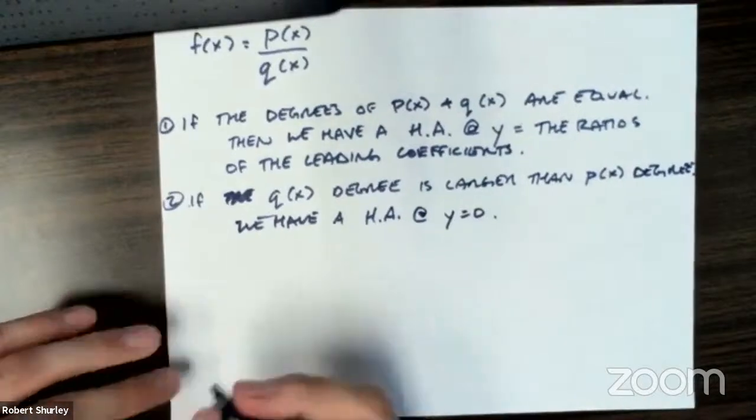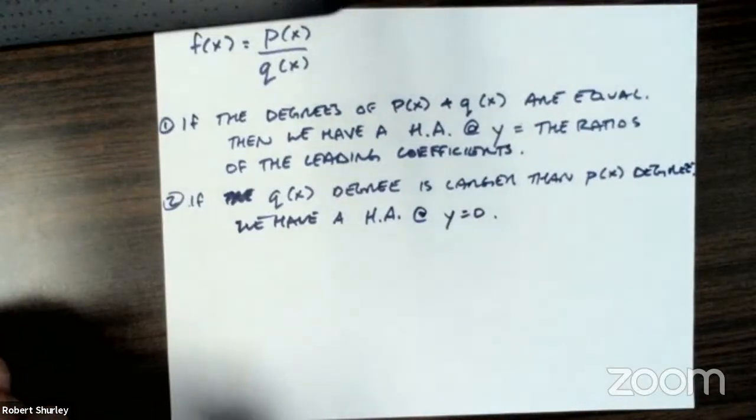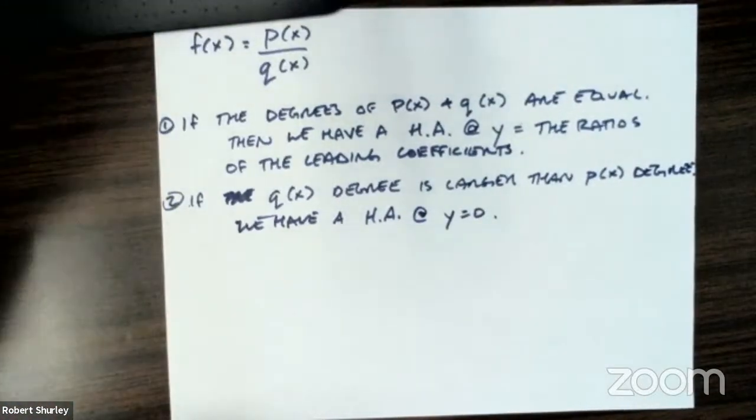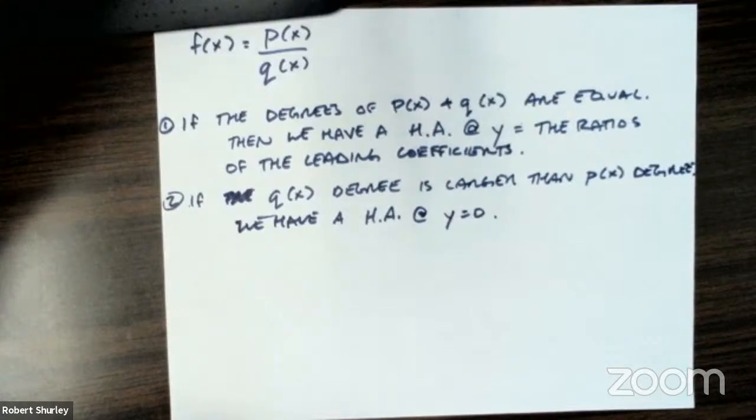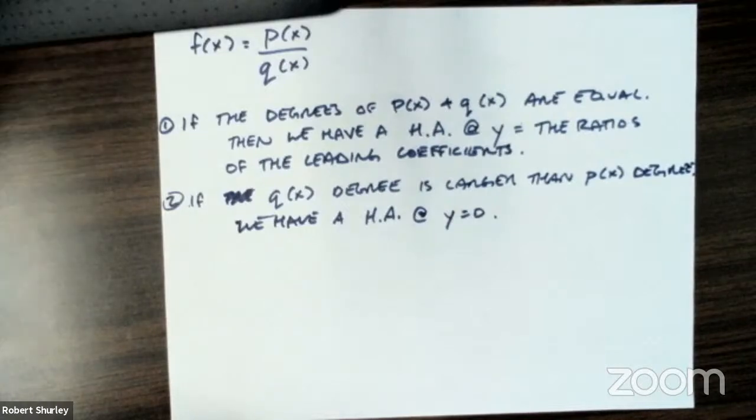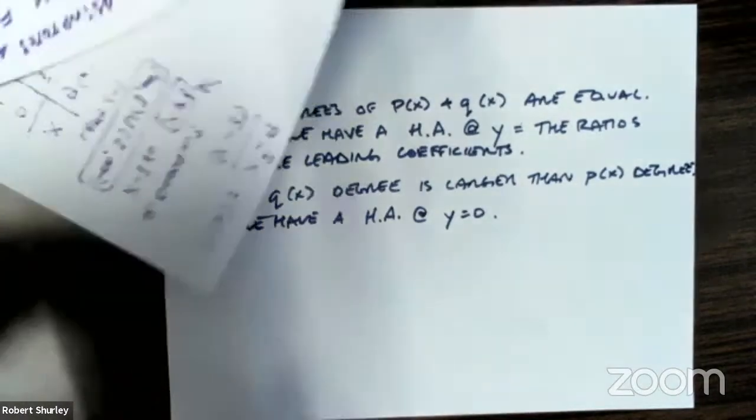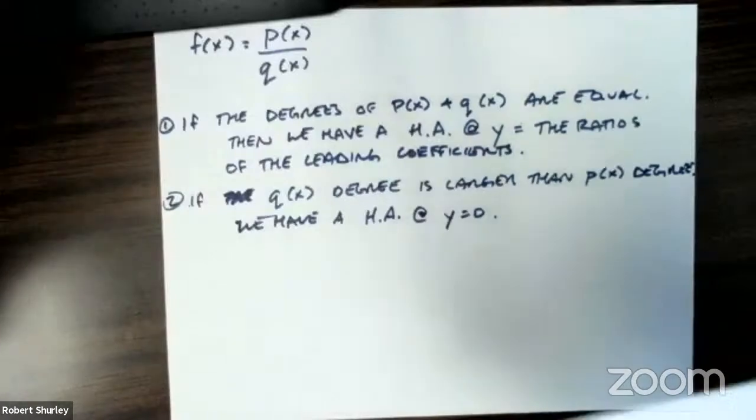If Q of x's degree is larger than P of x's, we have a horizontal asymptote at y equals 0.